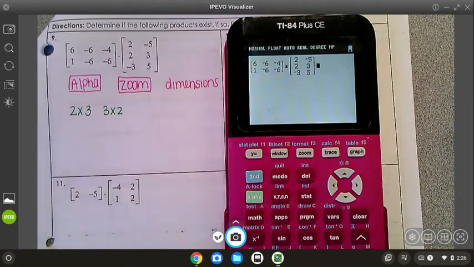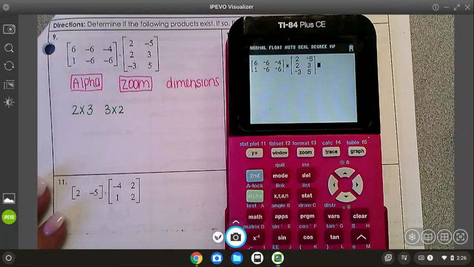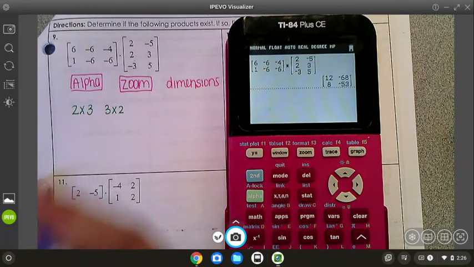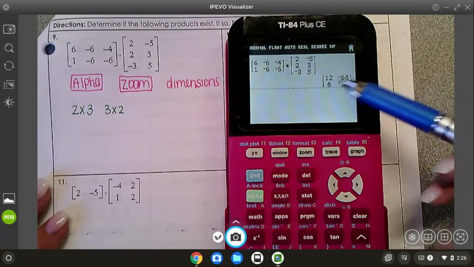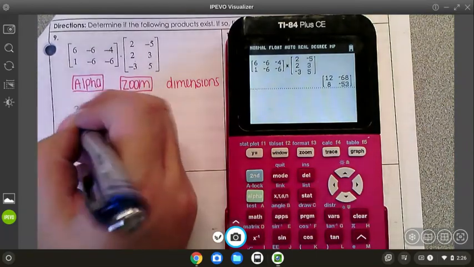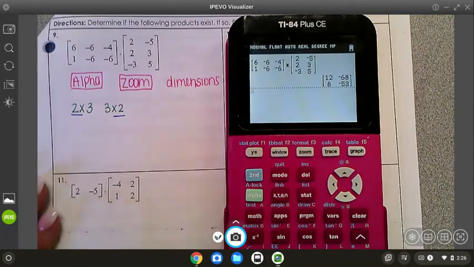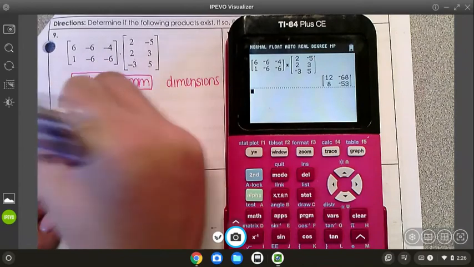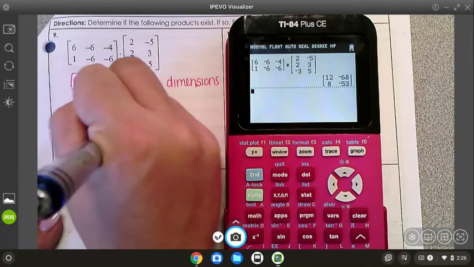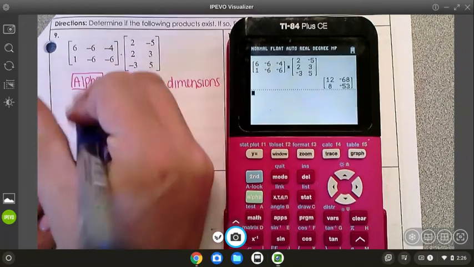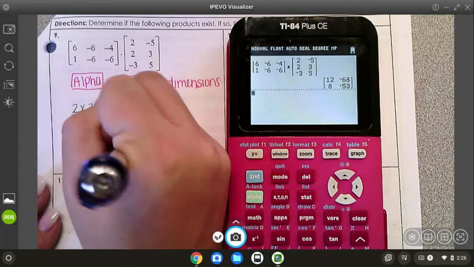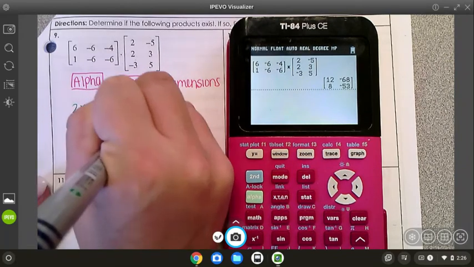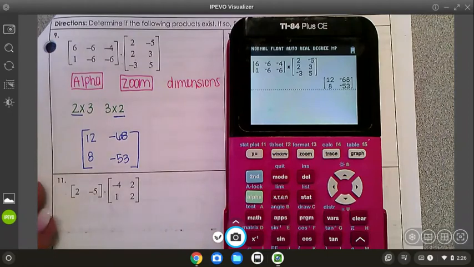If you miss a negative, if you miss anything, it'll throw your answer off. So when I click enter, notice my answer is a 2 by 2 matrix. That's what it should have been. And that's my answer.